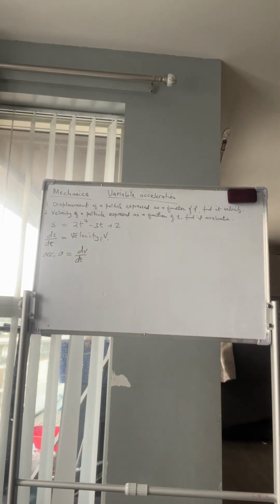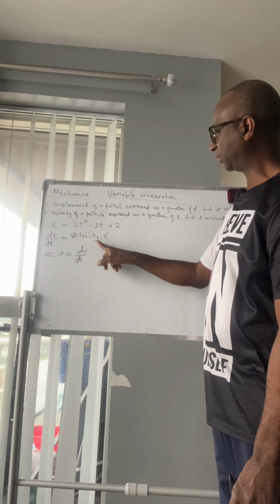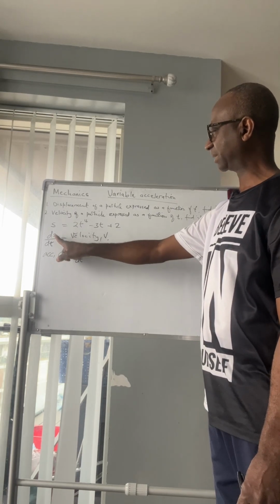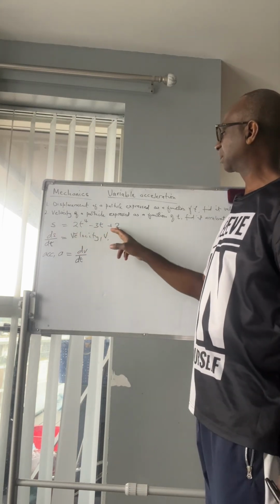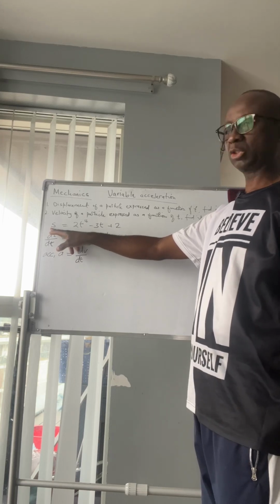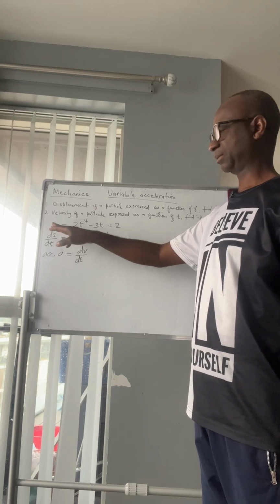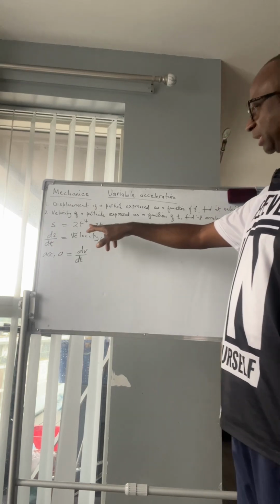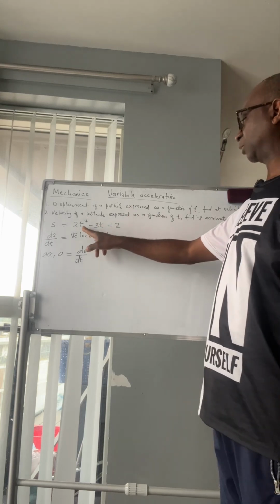That gives you the acceleration of the particle. But from here, what did we say about v? v is ds/dt. Mind you, sometimes the displacement is given as x, not all the time as s, so it can also be x. But in most cases, the function is expressed in terms of t.